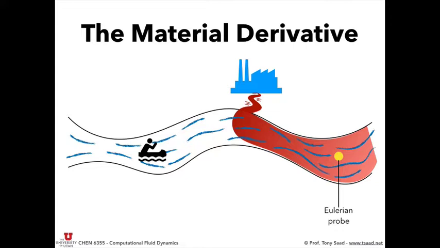For this guy, dC by dt is 0, correct? So how do you reconcile the two? This is exactly the Lagrangian and Eulerian problem. So what we're going to do here is try to derive a relation between dC by dt, what this observer sees as it crosses the river, and what this observer sees.